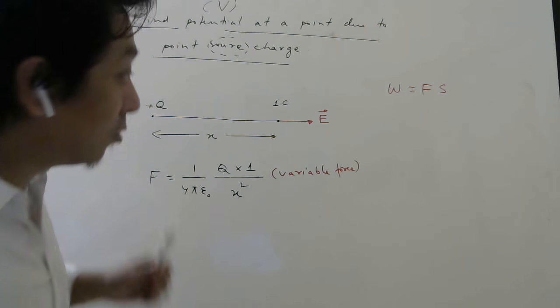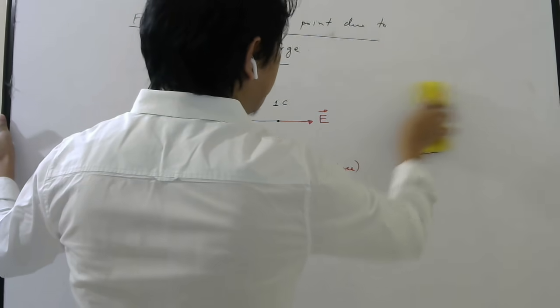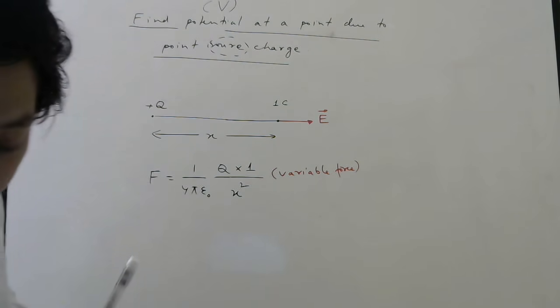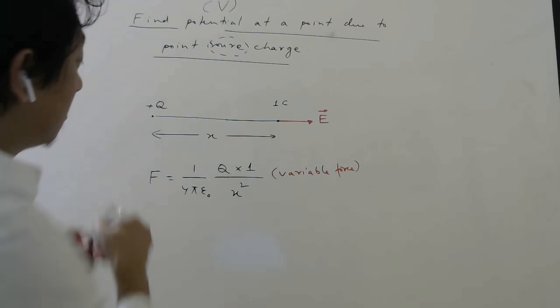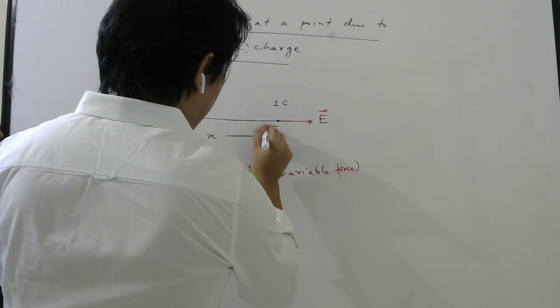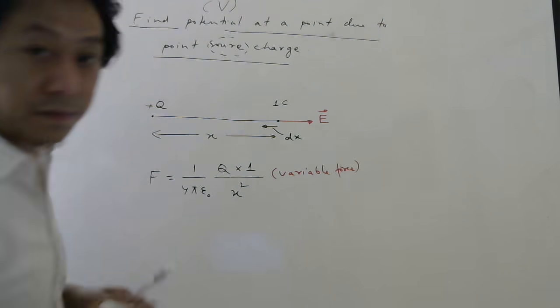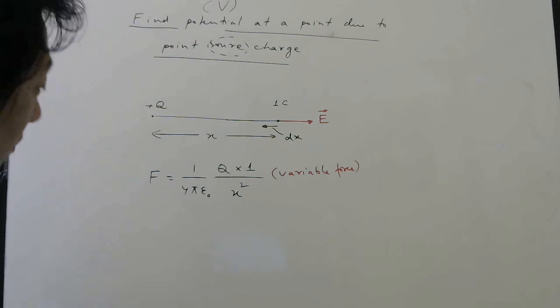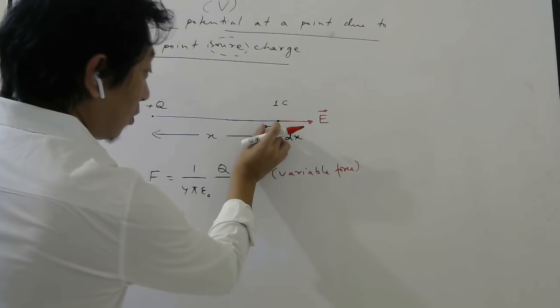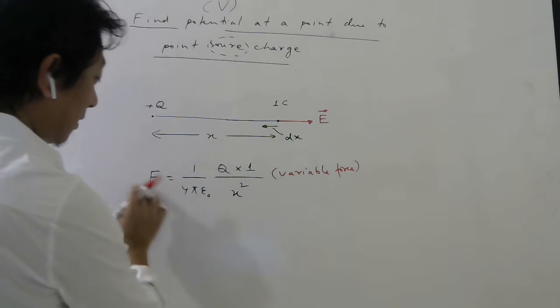So first we need to calculate the small work done. Let us say I move this charge by a small distance dx. So this is dx. Look carefully. For small displacement, I can take the force to be constant.